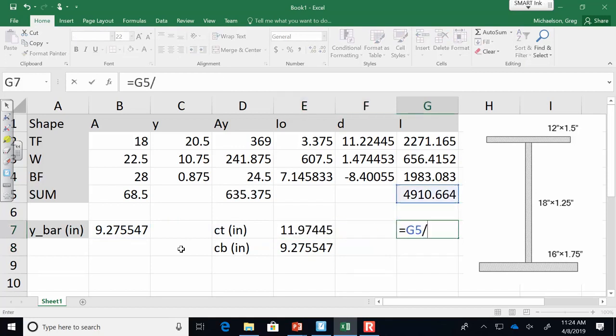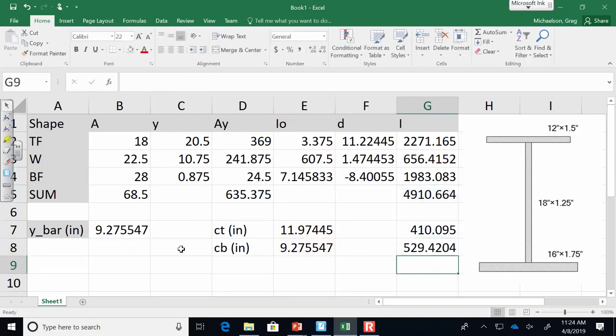So the moment of inertia divided by that. Moment of inertia divided by that. So we end up having a section modulus for the top of 410.1 and a section modulus for the bottom of 529.5.